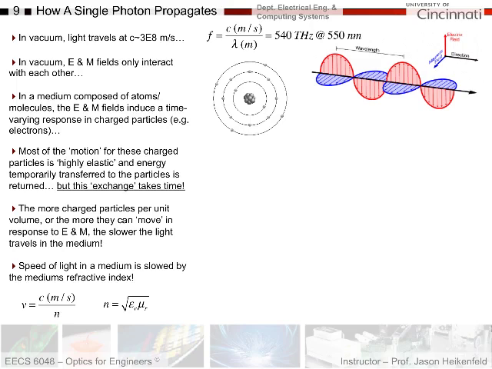Now, if I go to a medium that is composed of a dense collection of atoms, like a piece of glass, or a bunch of molecules, like a piece of plastic, for example, then the electric and magnetic fields induce a time-varying response in the charged particles that make up the material. So the material is made of atoms, right?